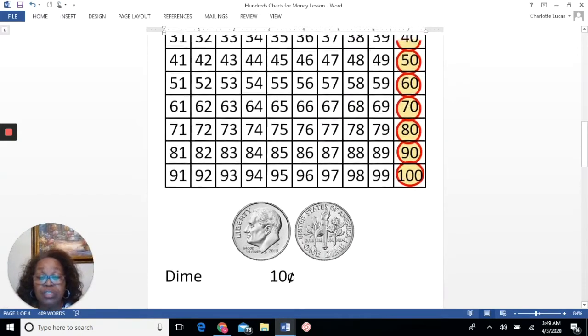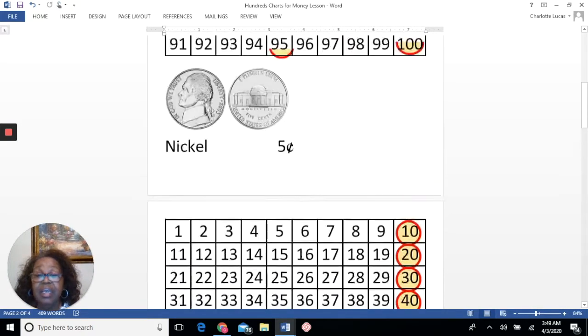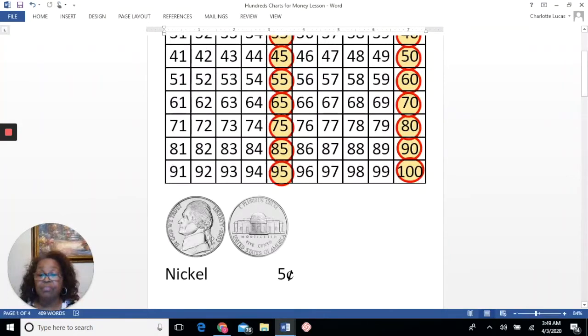If we are using 10 cents, we can use the 10 and the cent sign to indicate 10 cents. And if we're using the nickel, the value of a nickel is 5 cents. So we can use the cent sign for the nickel.